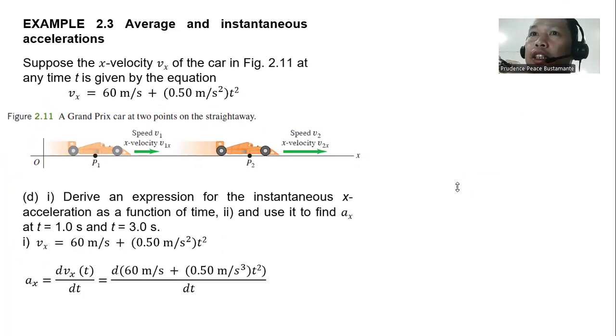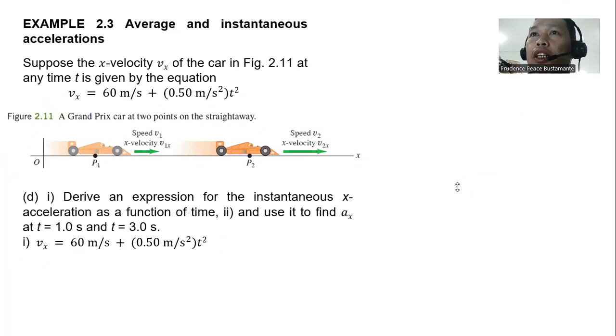For letter D, I did not answer letter C. It asks here to derive an expression for the instantaneous x acceleration as a function of time, and use it to find the acceleration at 1 second and 3 seconds. You have here the velocity function.